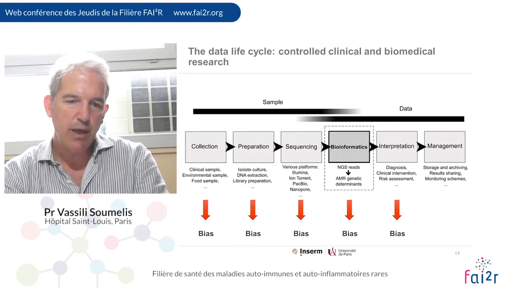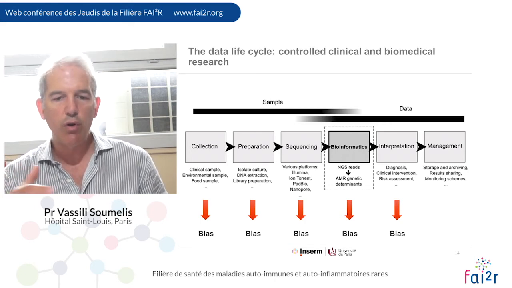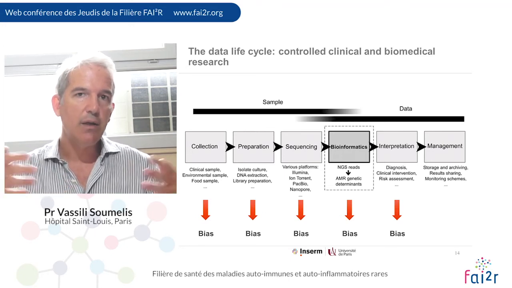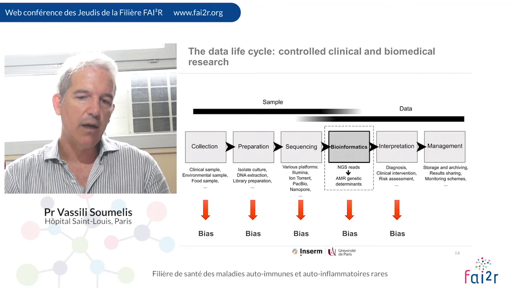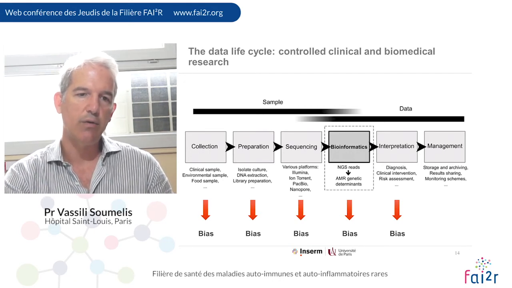So really, a big difficulty to analyze, identify and control this huge number of possible biases when analyzing a big volume of data for which we don't control the data life cycle.